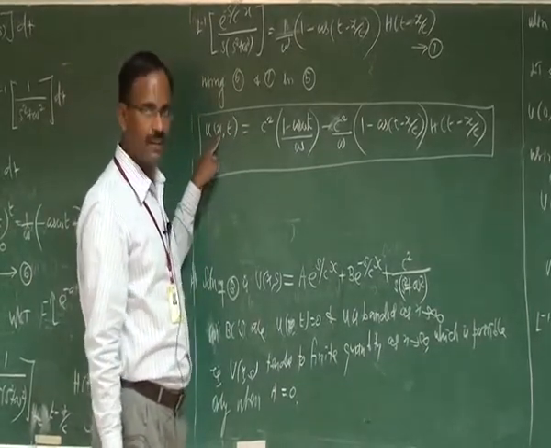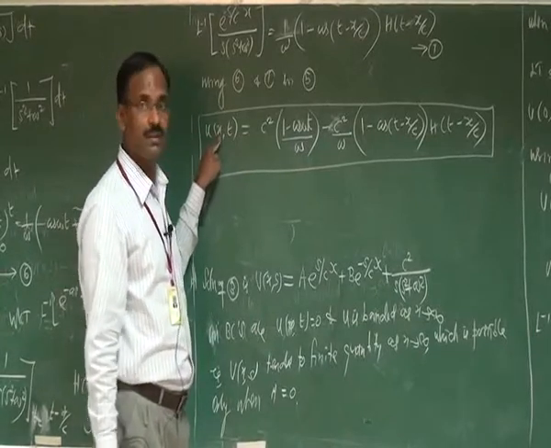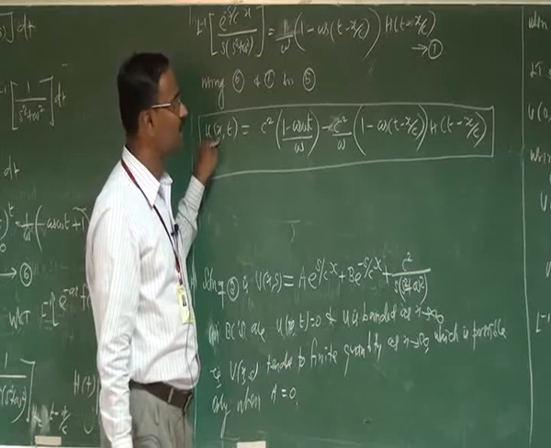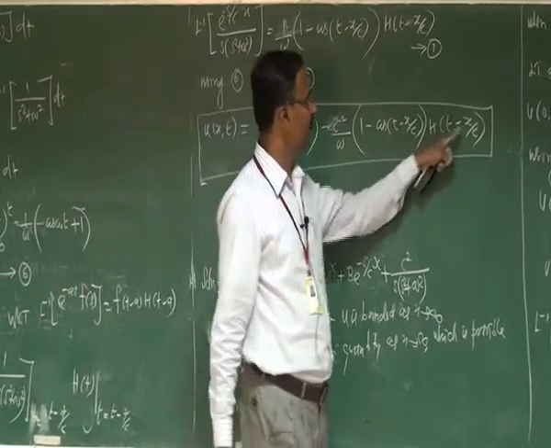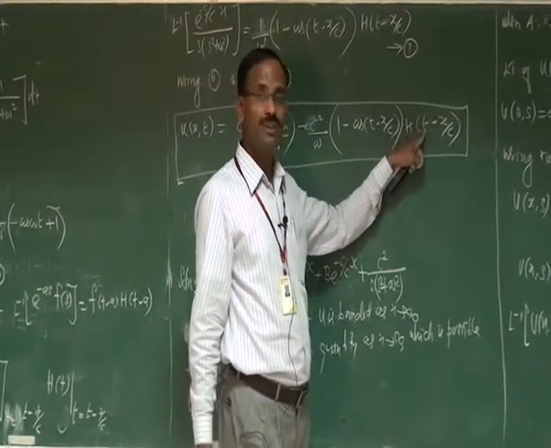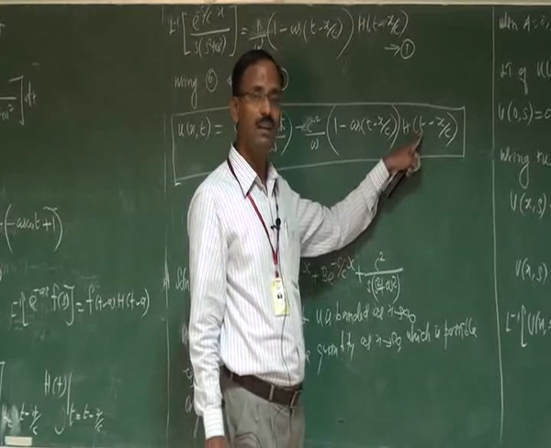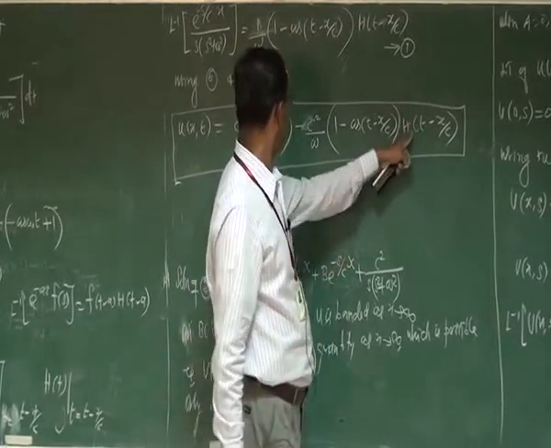Suppose you want to check whether it satisfies the given boundary conditions or not, substitute x by 0. When you substitute x by 0, the unit step function h of t returns the value 1 whenever the argument is positive. So it is equal to 1.